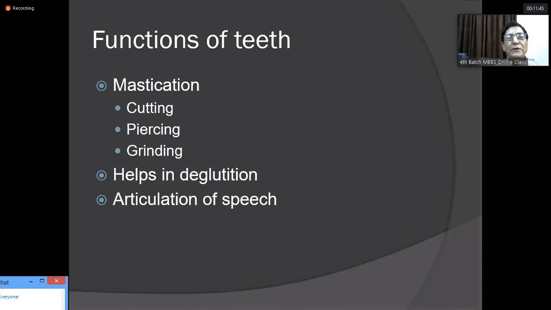Then when you talk about ta, tha, da, dha, na, with your tongue and the palate, can you visualize that? And after that come the dental sounds, with tongue and teeth.